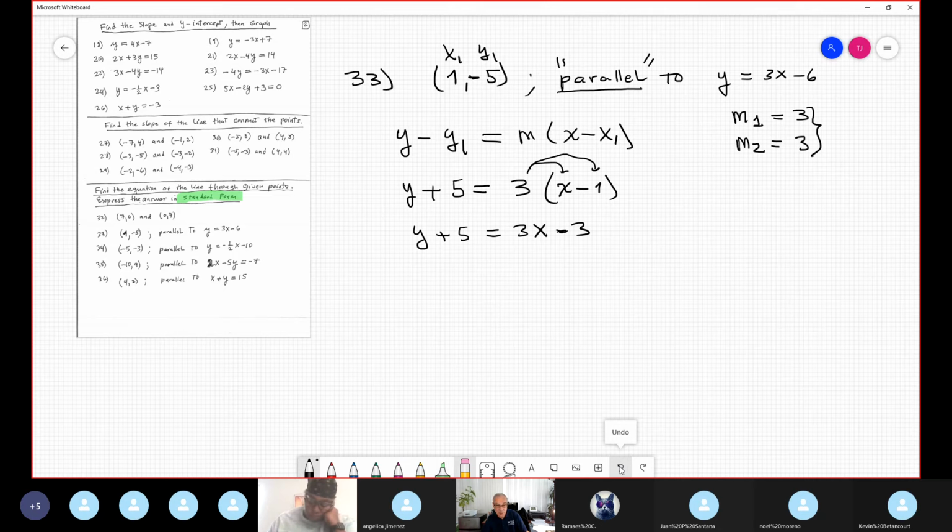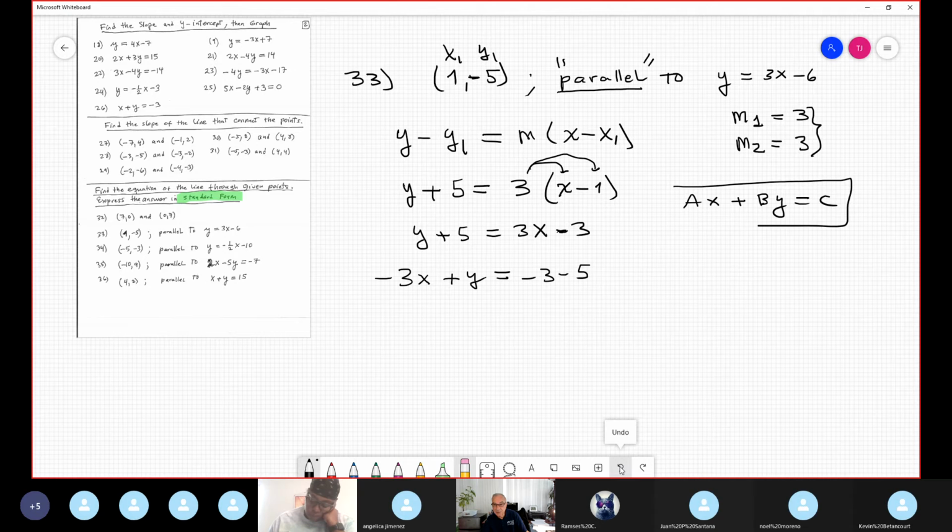So you move 3x here, and you put it in the first place. Y stays on the left, and the 5 moves to the right, and minus 3 gives minus 5. Remember, standard is ax plus by equals c. This is the standard format.